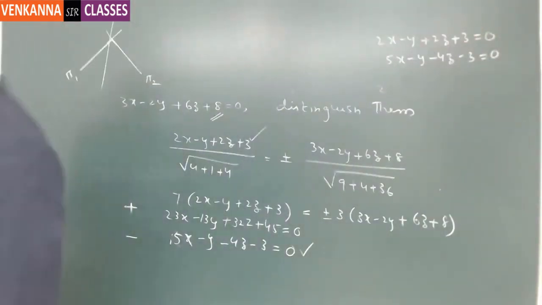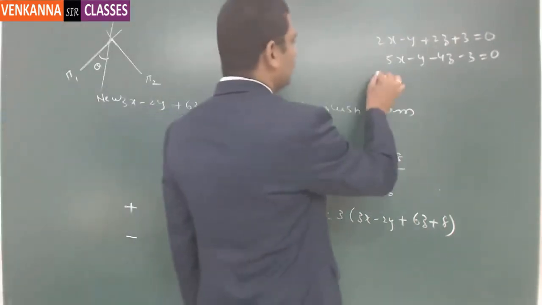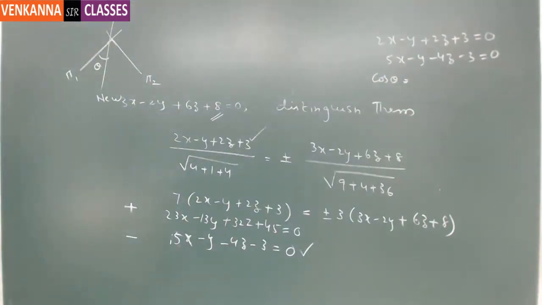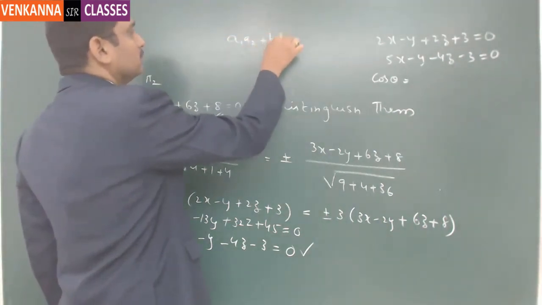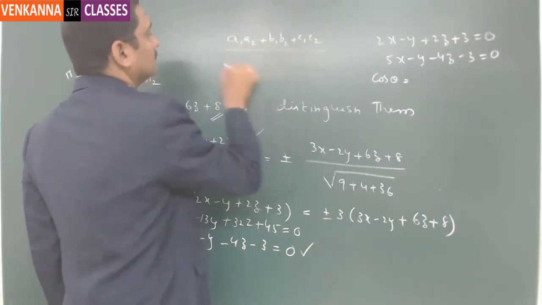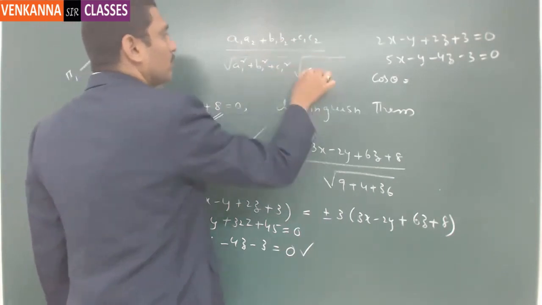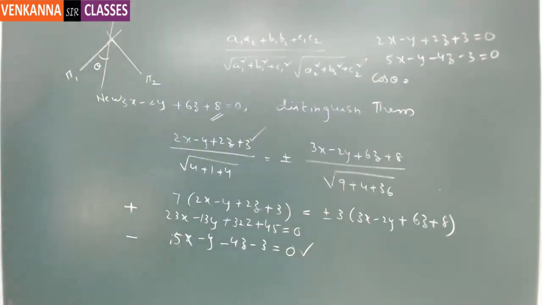Now, between these two planes, let us calculate the angle. So this is the new plane I got. I am finding the angle between these two. Theta I am calculating. So please give me the cos theta value here. What is the value of cos theta? You know the formula that we use to calculate the angle, right?